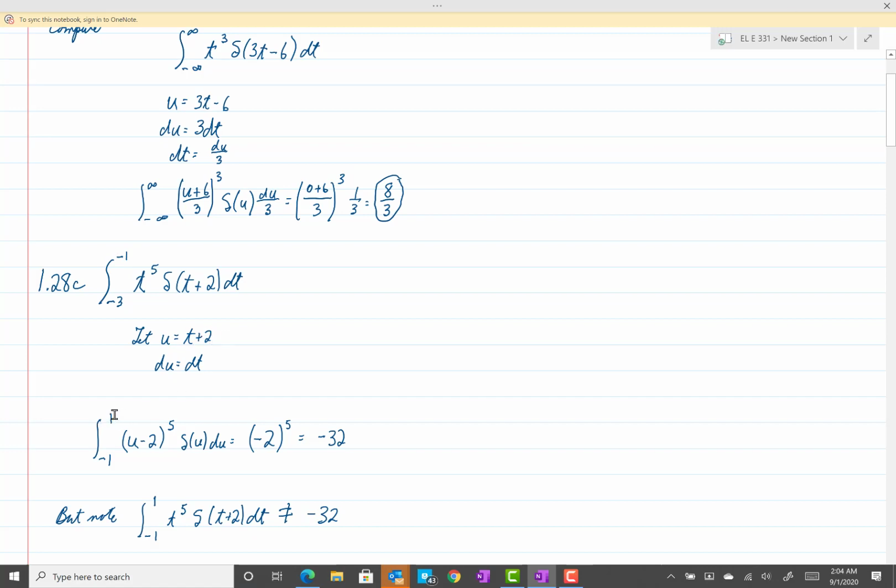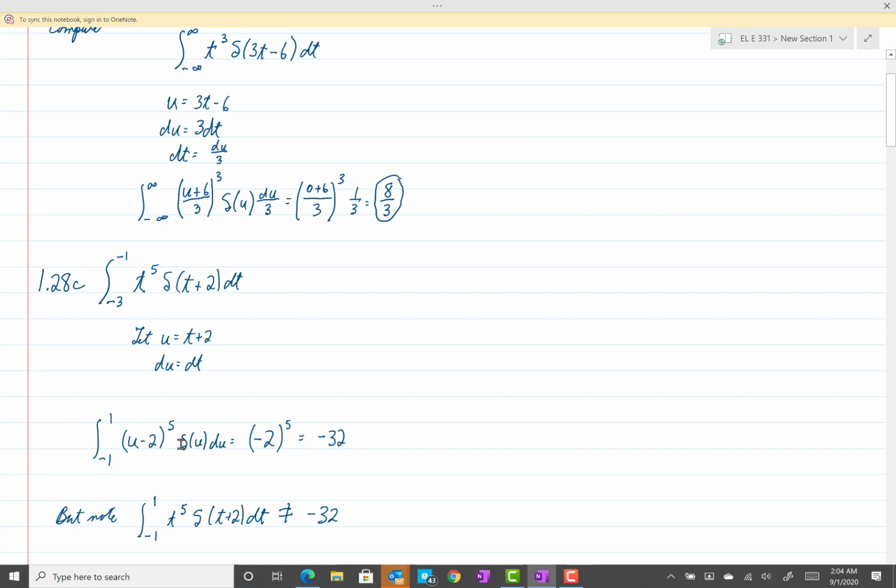So that's why the upper limit on the integral is now +1. Okay, if u is equal to t plus 2, then t is u minus 2. So we substitute in u minus 2 for t here, and we bring down this exponent of 5. And now the t plus 2 in the argument of the delta function simply becomes u, which is, of course, what we wanted. And dt is equal to du, so we can just substitute du here.